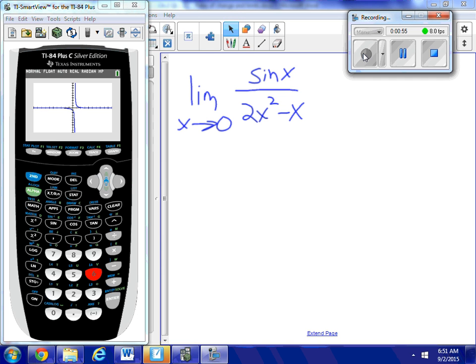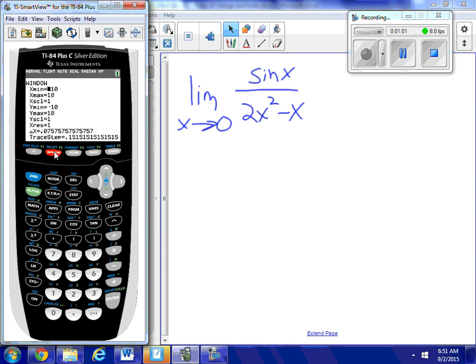So instead of having the 10 by 10 window, which is the zoom 6, I'm going to go to window, and generally speaking, unless I know exactly where I'm going, I'll start from -4 to 4 on the x, and -4 to 4 on the y, and then I press graph. I don't press zoom 6 again, that'll take me back to the 10 by 10, and I can see, okay, it's looking a little bit more clear.